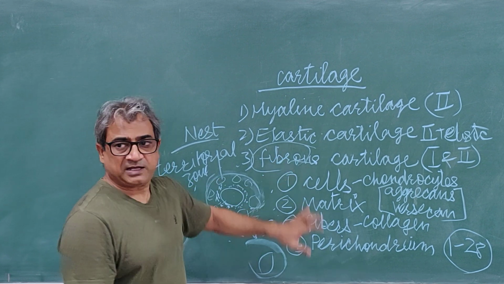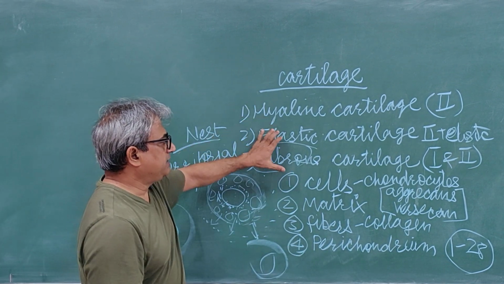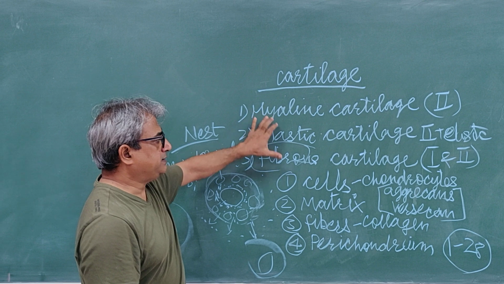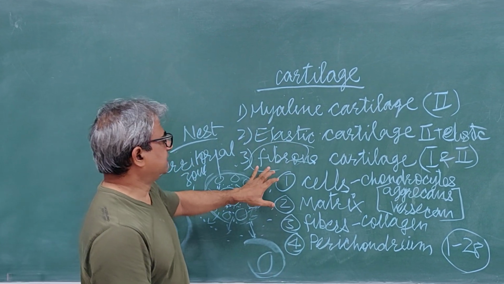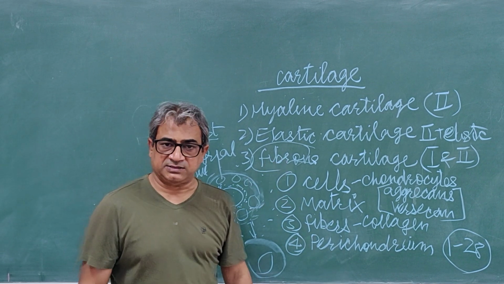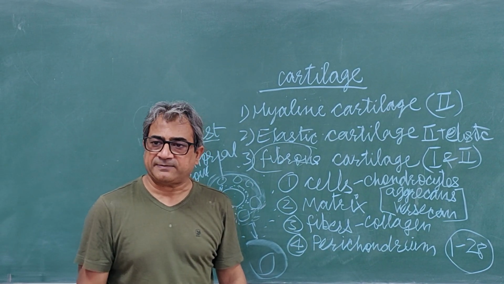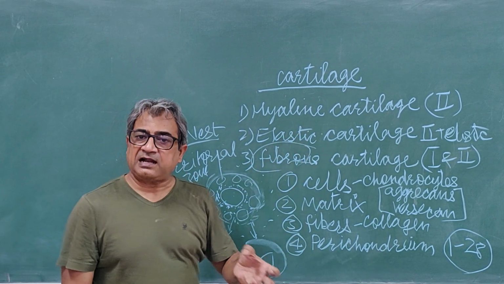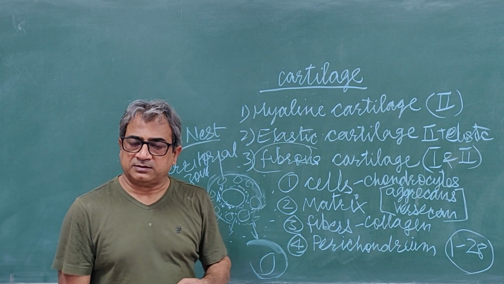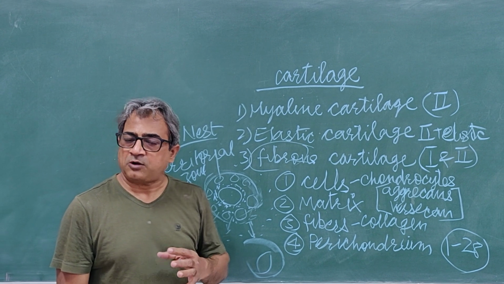So fibers are present in the hyaline and the elastic cartilages, as well as the fibrous cartilages, and the chondrocytes are secreting them, right? In the elastic cartilage they are also secreted by the chondrocytes.